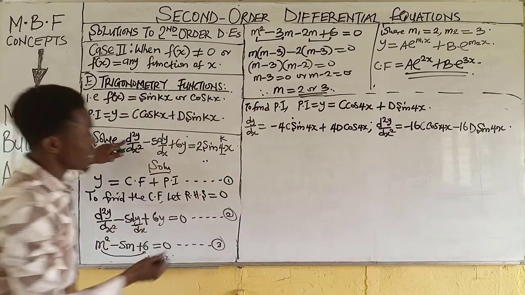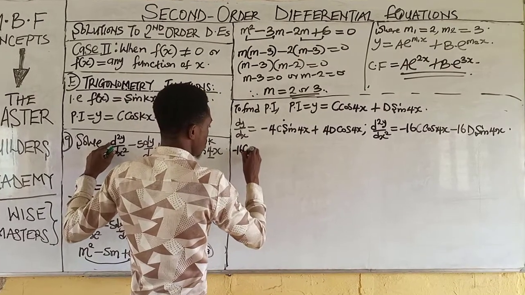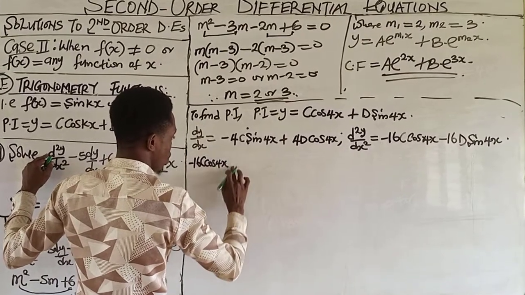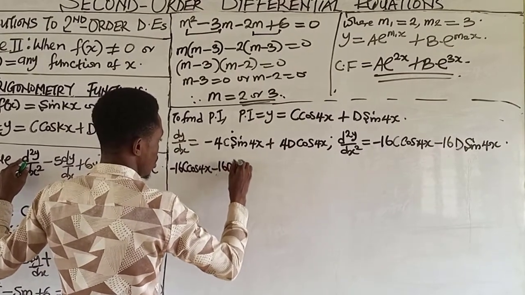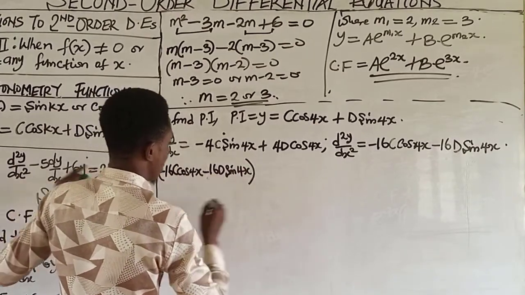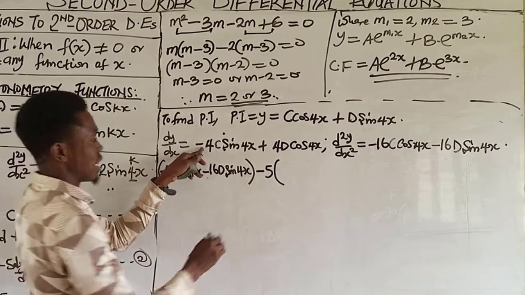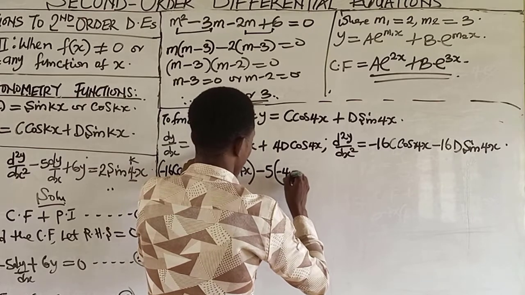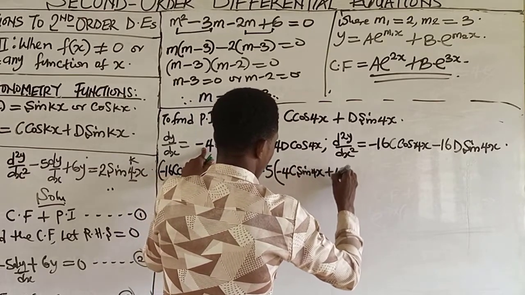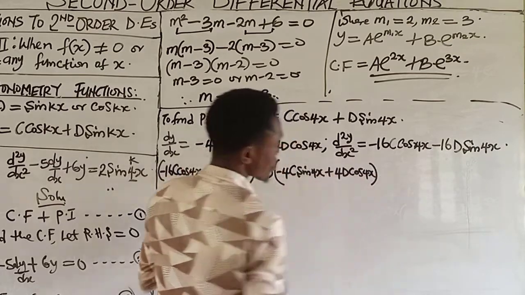Now, what do we do? We replace this. And the value for that is minus 16c cos 4x minus 16d sine 4x. We are done with that. Then minus 5 multiplied by the derivative of y is negative 4c sine 4x plus 4d cos 4x.